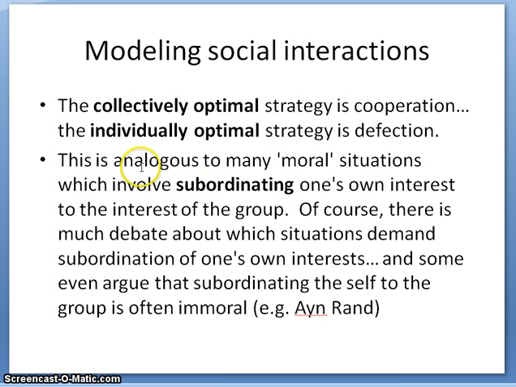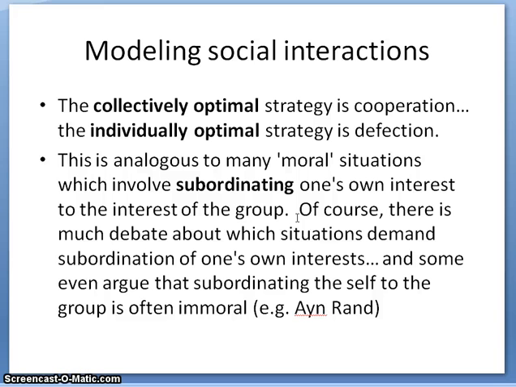Now the idea here is that this is analogous to many moral situations, which involve subordinating one's own interest to the interest of the group. And we'll see later that there is much debate about under what circumstances it is moral to subordinate your own interests to the interest of the group. Many say that there are plenty of examples where it is moral to do that.